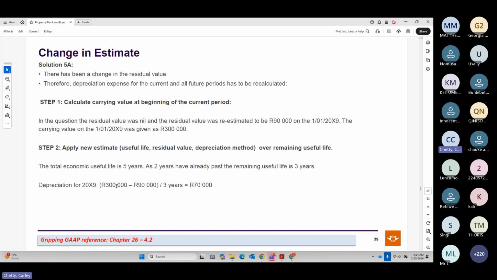So the depreciation for 20x9 can be calculated by taking 300,000, which is the carrying amount, minus the residual value of 90,000 Rand, divided by 3 years, and that is going to give us 70,000 Rand. So this 70,000 Rand is the depreciation for the 20x9 year.